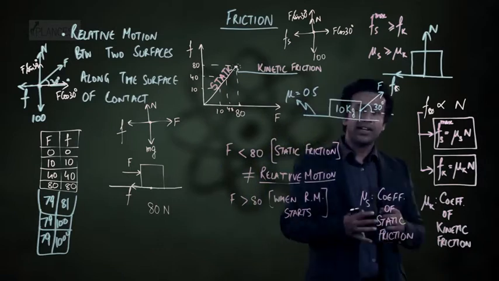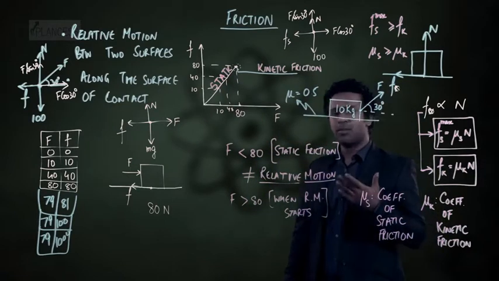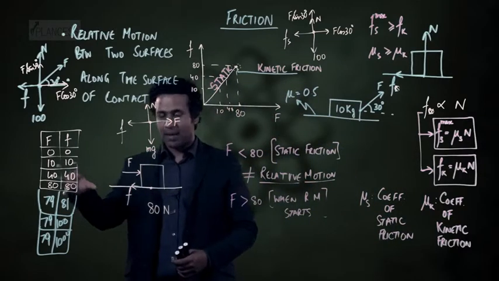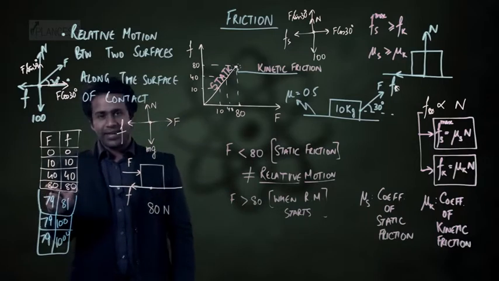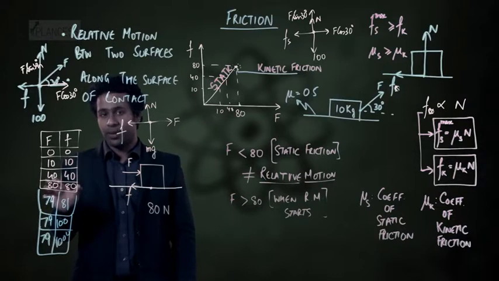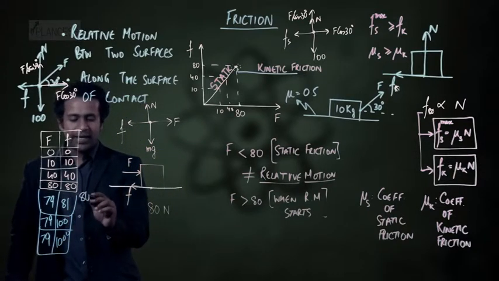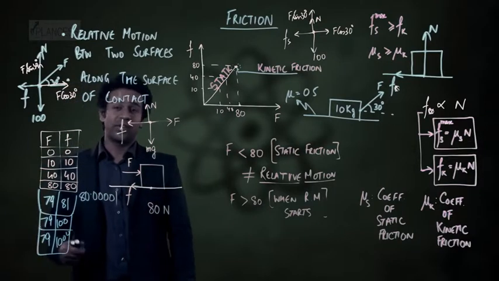Now, we are trying to find the force which just starts the motion. Let's get back to the example we had done to understand this. We know that at 80 there was just a balance, the final equilibrium. Even if the force was increased to 80.00001, the motion would have started.